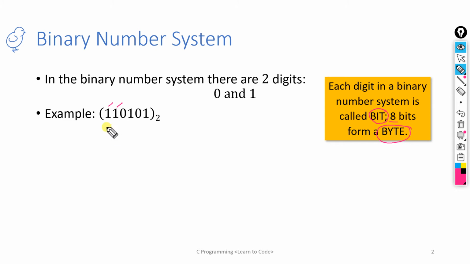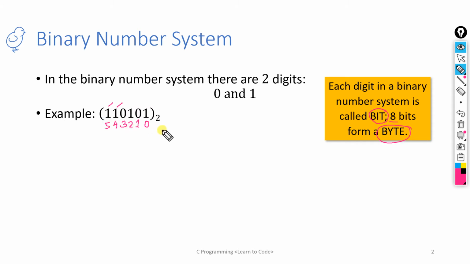And you know that every binary number has some positions, meaning every positional number system has positions. So this binary number also has positions: this is the 0th position, this is the 1st position, this is 2nd, this is 3rd, 4th, 5th.